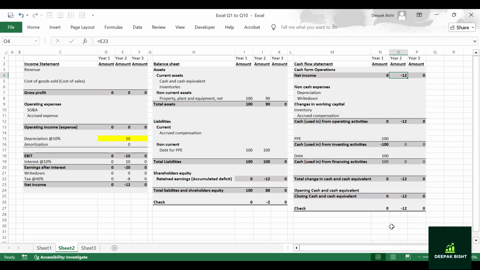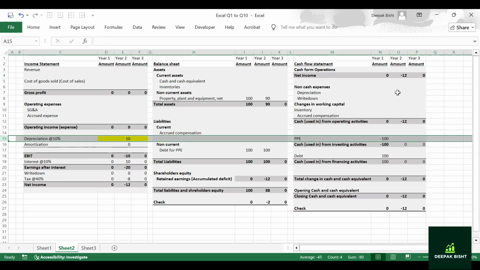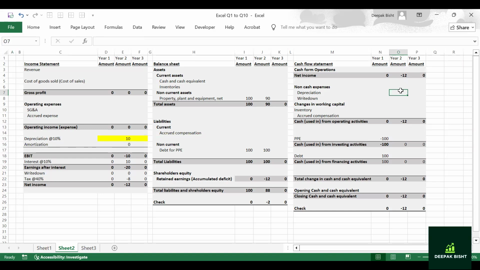Now pay attention. We actually have to adjust the cash flow statement for the non-cash depreciation. So we have added back the depreciation here because we subtracted depreciation here. We have added it back here. And what else can we add?